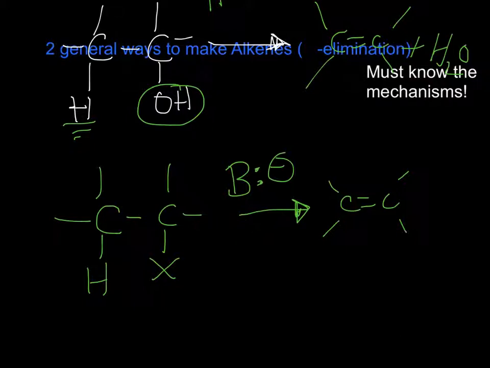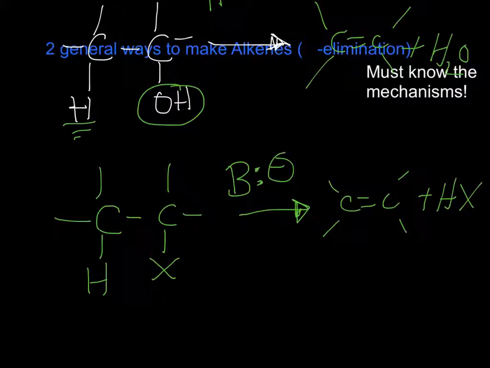It's HX. That's the reason why if you put this in acidic conditions, it won't work, because you're making an acid as a product. So if you think back to Le Chatelier's principle, it would favor going backwards with an alkene to make an alkyl halide, but it can't go forwards very well, or at all. So, okay, those are just the general ways.